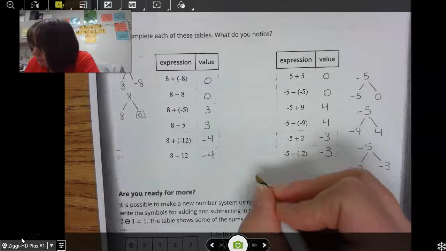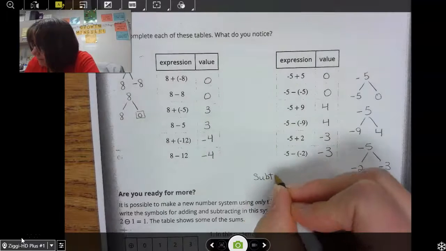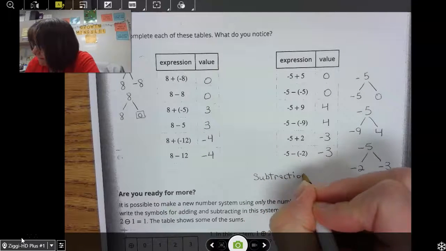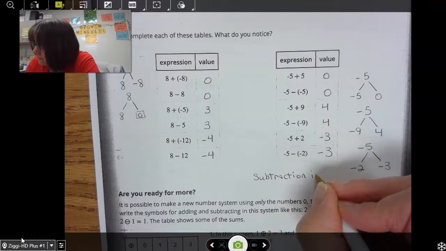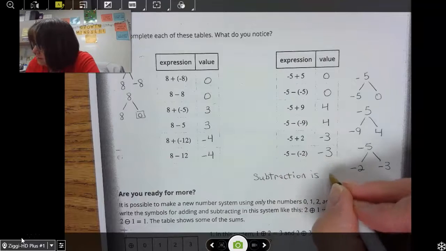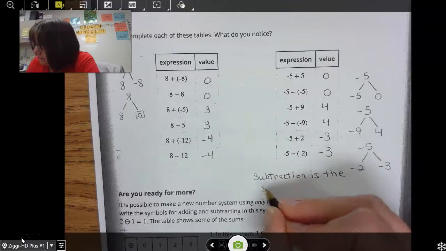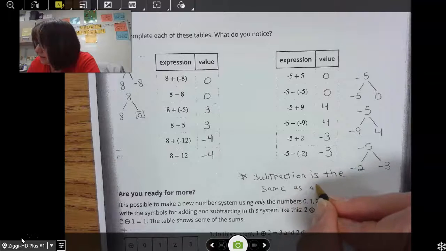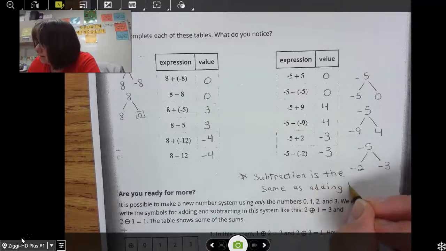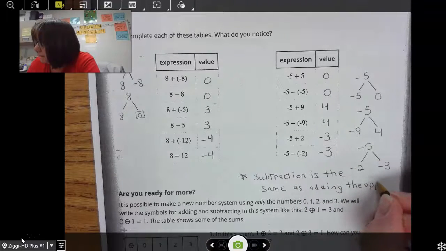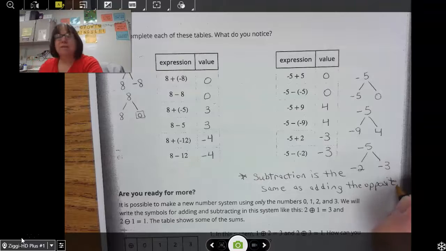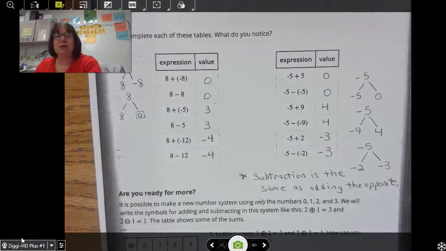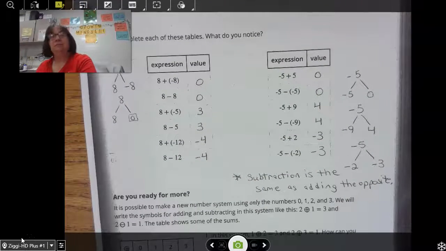So subtraction is the same as adding the opposite. Okay, again, pause your video, make sure you have time to take that note.